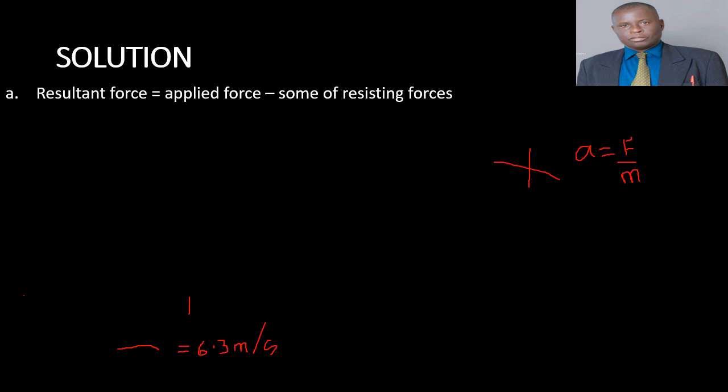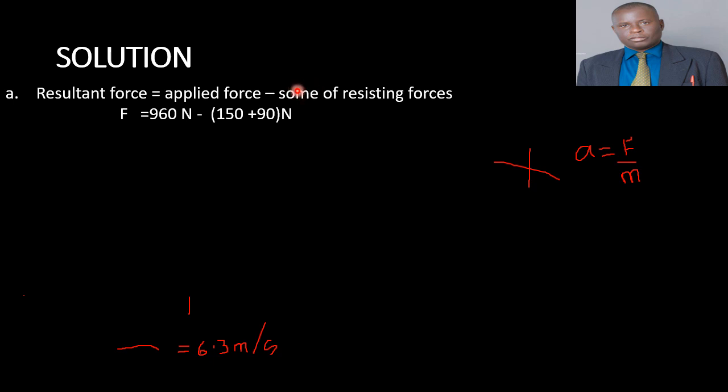To find the resultant force, all you have to do is subtract. The applied force is 960, so you subtract the sum of the resisting forces, this is supposed to be the sum, like adding.